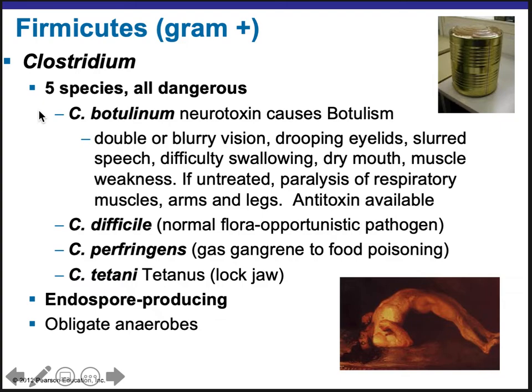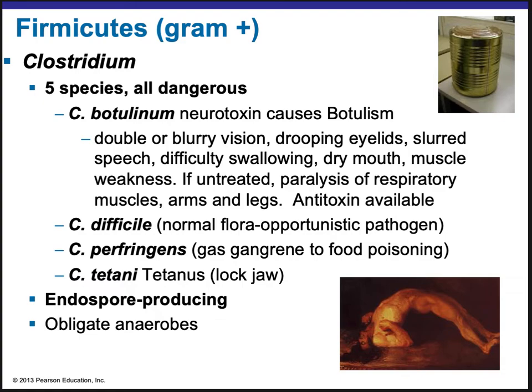So Clostridium botulinum produces a neurotoxin. So if you ingest the bacteria, the spores, then you will experience the effects from the neurotoxin. And this neurotoxin, the effects start from the head and work their way down.